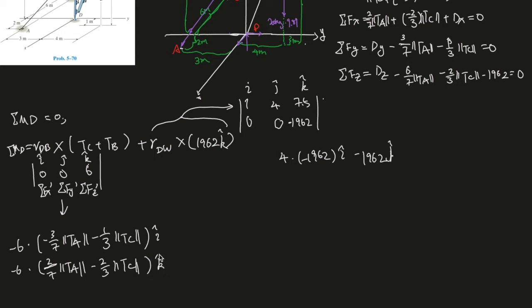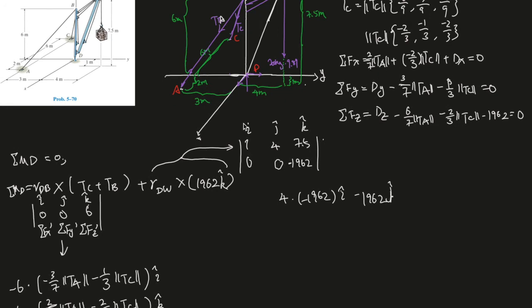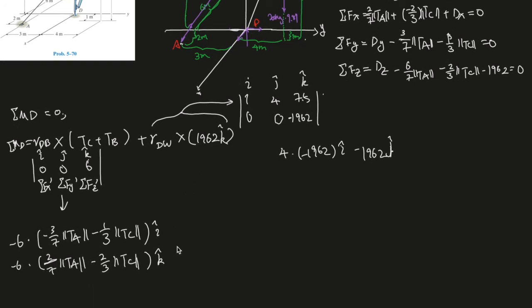And this is the j direction. And for k, you cover this, 0 times 0 equals 0, so there's no k moments. This is the j direction, and there's no k directions, right?